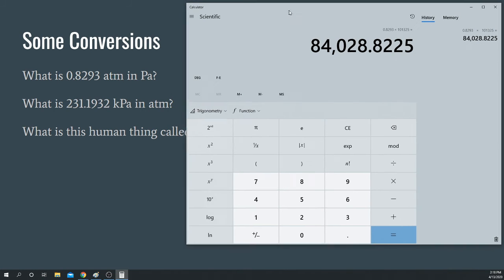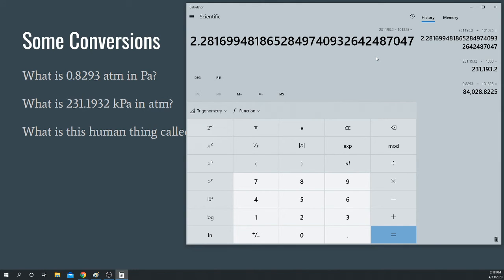All right. So next up, what is 231.1932 kilopascals in atmospheres? So kilopascals means we have to multiply by 1,000. And then to convert that to atmospheres, we divide by 101,325.